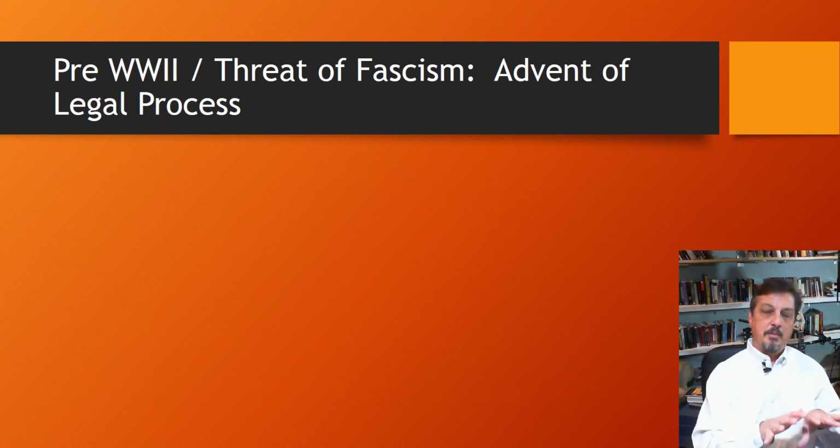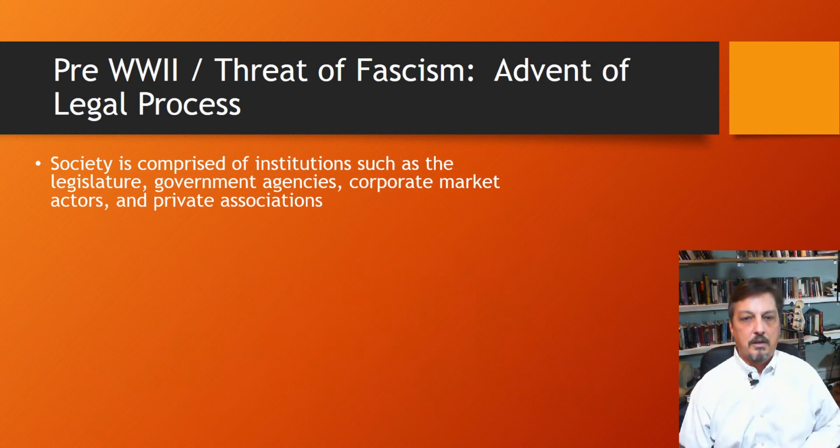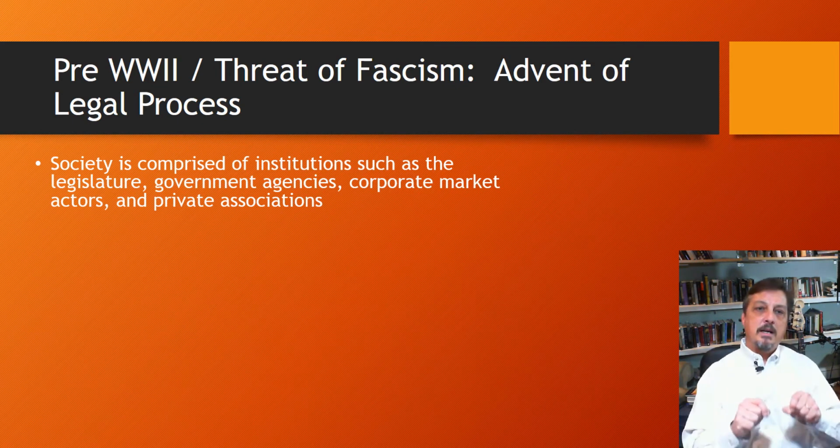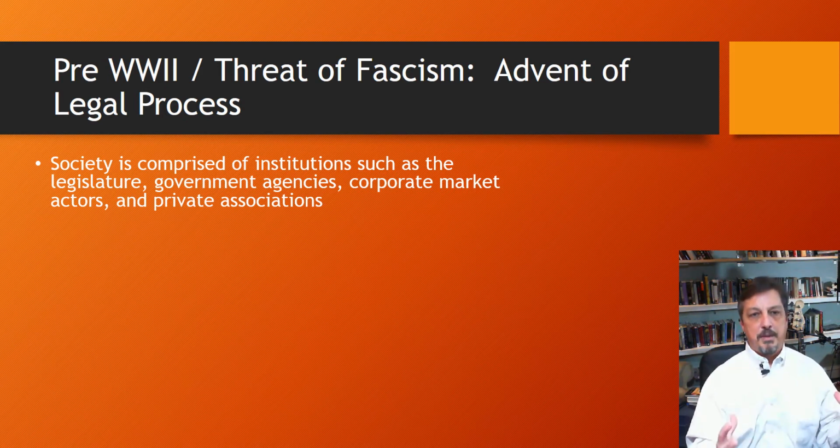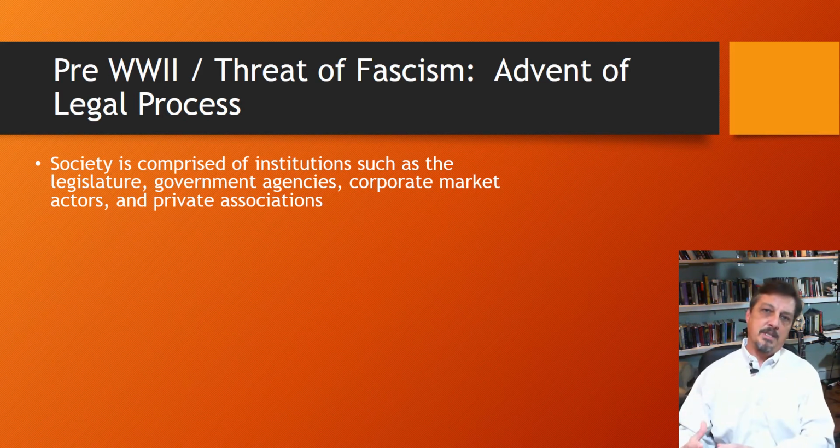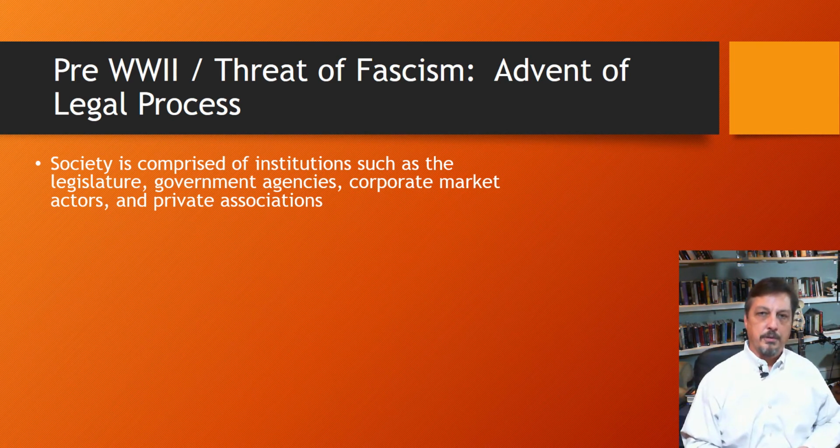So you have some important legal thinkers beginning to push back and say, no, we've got to find other ways to ground the law. And this is where the legal process school of thought begins. It begins before World War II, and it really becomes solidified after World War II.